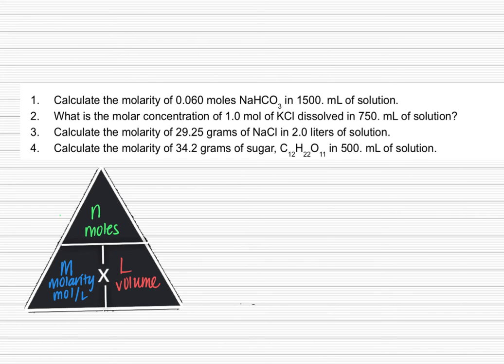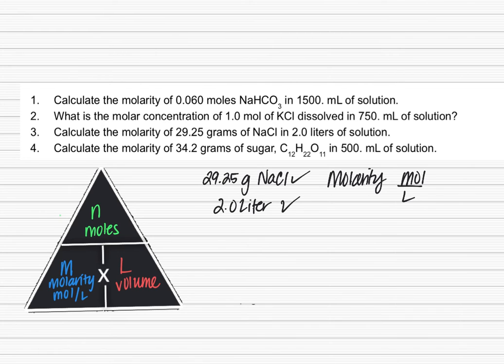Number 3 is calculate the molarity of 29.25 grams of sodium chloride in 2 liters of solution. Now to calculate molarity, we do need moles over liters. We have our liters, but this is in grams, so we need to change that.